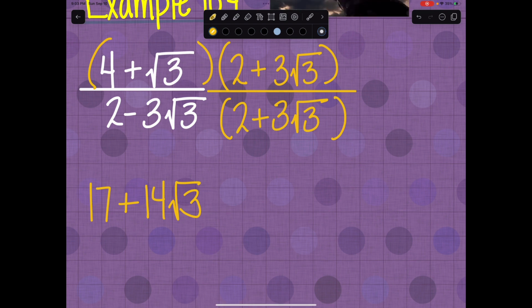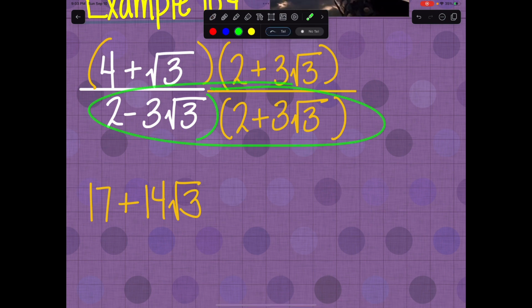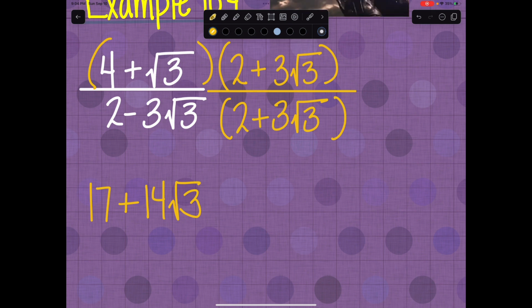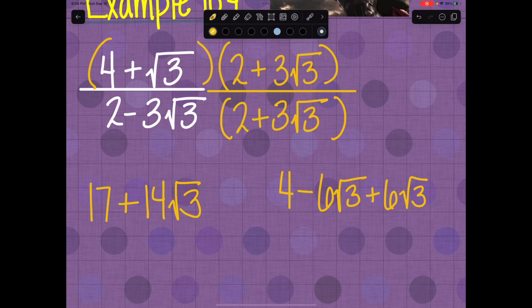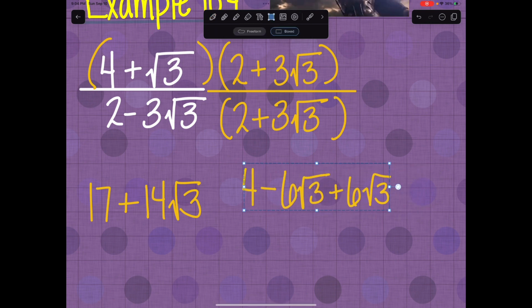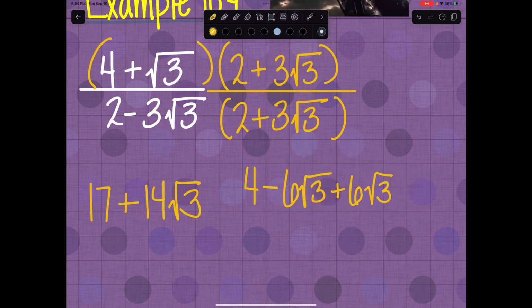Now, what do we get on the bottom? Only look at the denominators now, and we're going to multiply this out, and we have to FOIL it. If we do first, it's going to be 4 minus 6 square root 3 plus 6 square root 3. And then for last, it's going to be minus 27. Now look what happened.